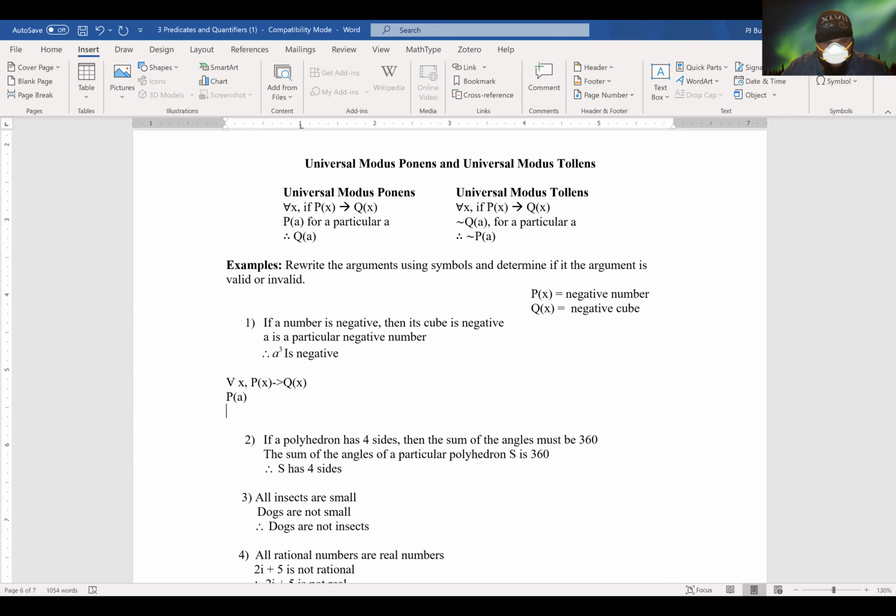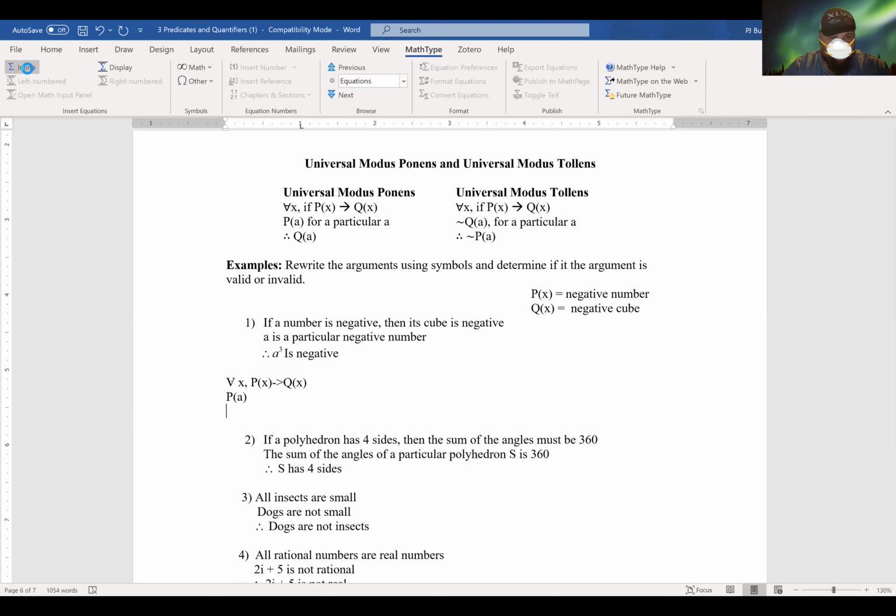Then the conclusion says, I guess I'm going to need MathType, therefore, A cubed is negative.